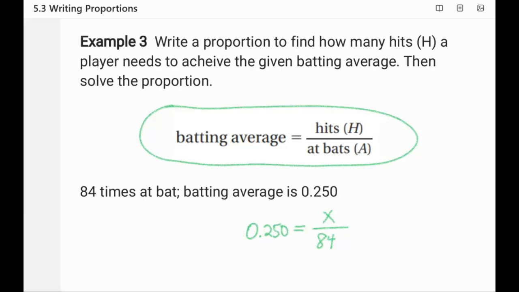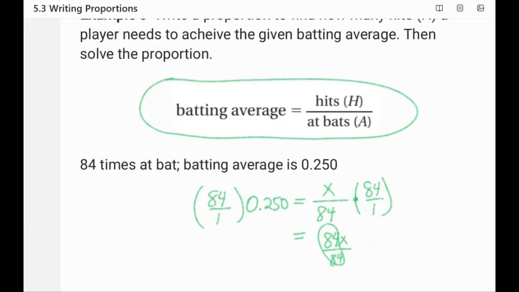So to get the number of hits, the x, we need to multiply by the denominator number, 84, on both sides. So let's do that in parentheses actually. So 84 over 1. So that this part right here becomes 84x over 84, which the 84 turns into a 1. So you can see the reasoning for that right there.